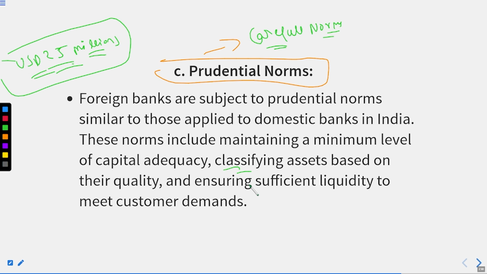Thereafter, classifying assets based on their quality. It means two types of assets: good quality. Second one was the bad quality. Okay. Thereafter, ensuring sufficient liquidity to meet the customer demands.